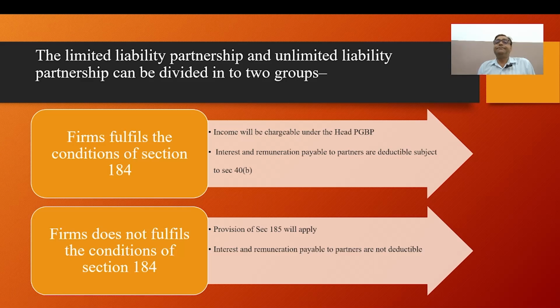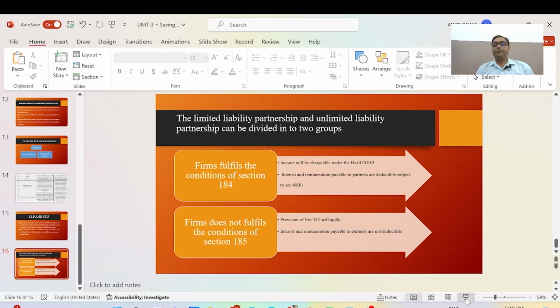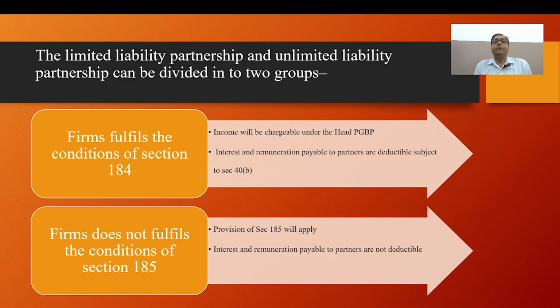Interest and remuneration payable to partners are deductible, subject to section 40B.